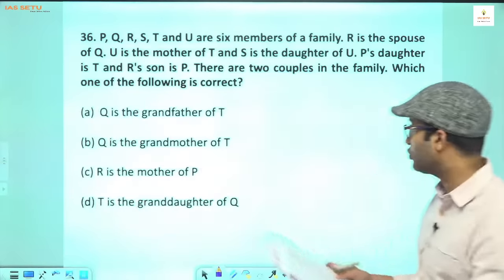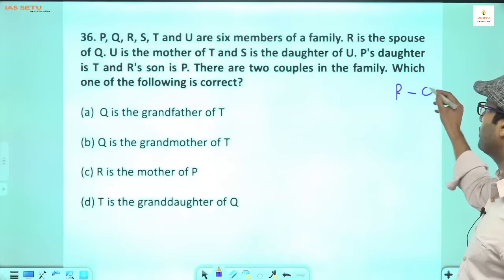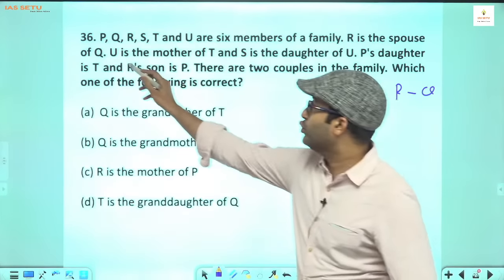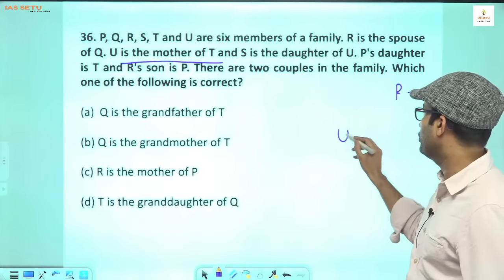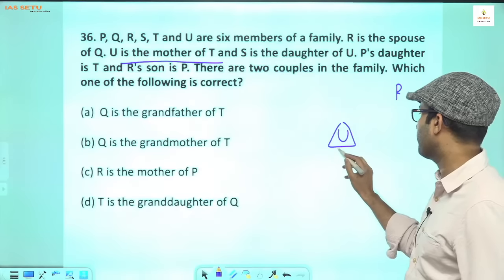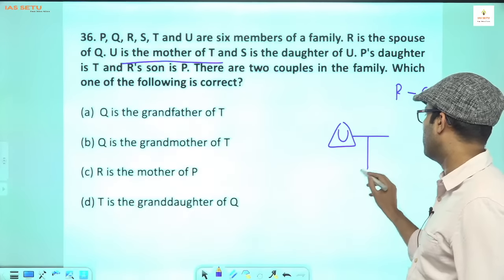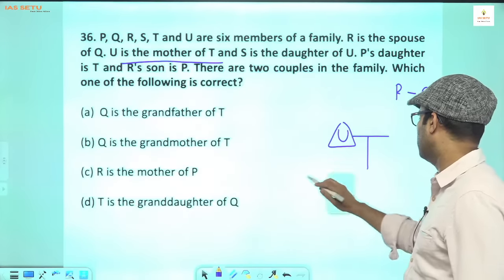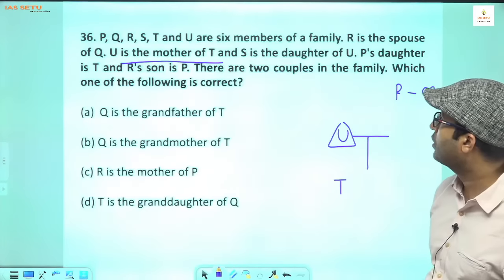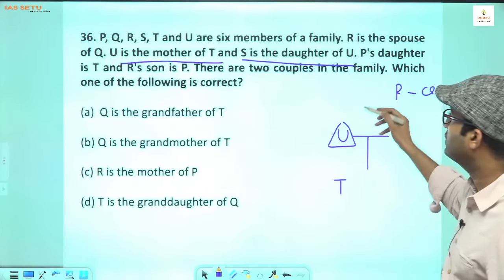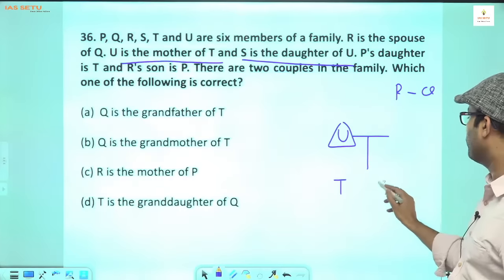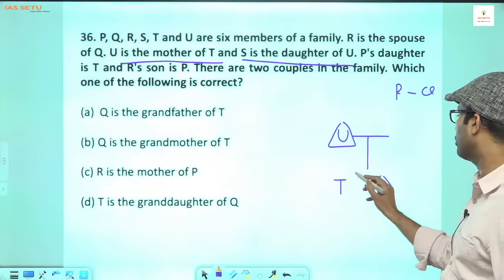R is the spouse of Q. R and Q are together. U is the mother of T. S is the daughter of U.